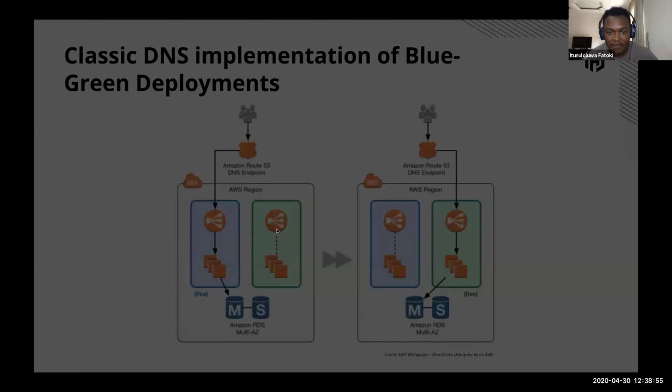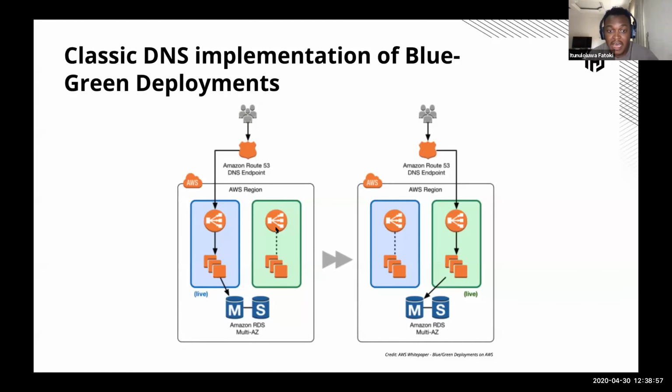Once you're done, you can easily just take the pointing of the Route 53 and shift it to your green. It becomes live. And then take the database, point your green to the master, while the blue still stays idle. And when your green has worked just fine, you can easily trash the blue. And the cycle continues for another deployment. So that's basically what blue-green deployments is.